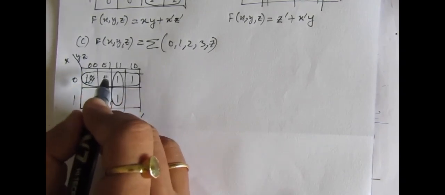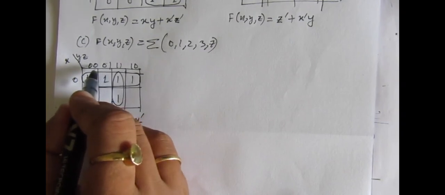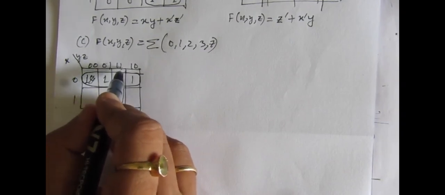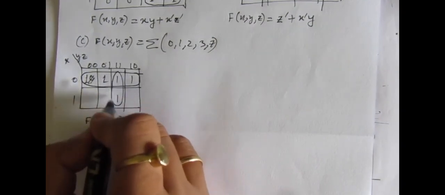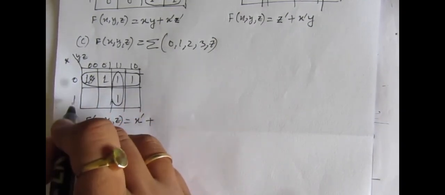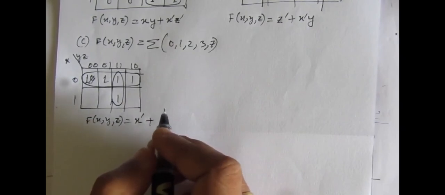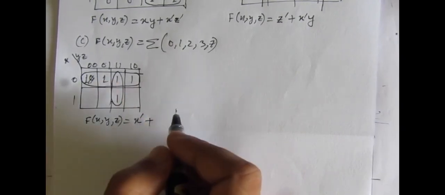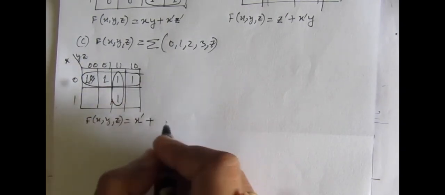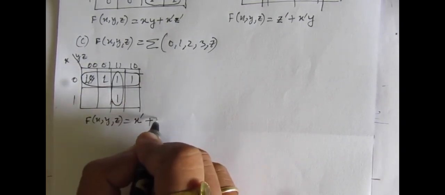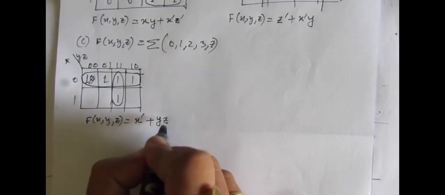Similarly for z we have z equal to 0 and z equal to 1, so z will be cancelled. So x bar plus, for this term we can see that x equal to 0 and 1, so you can discard it. Then we have y and z, both are 1 and 1. So x bar plus yz. So this is the simplified Boolean function.